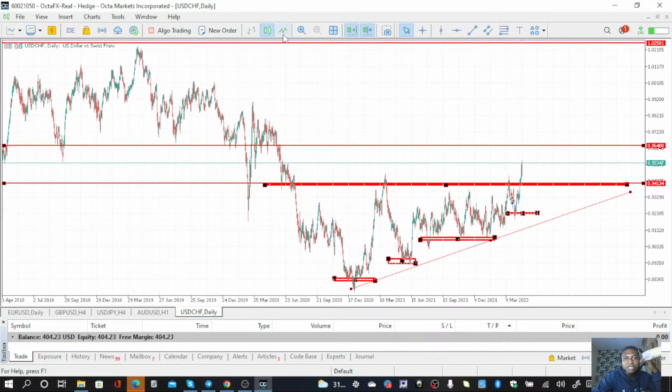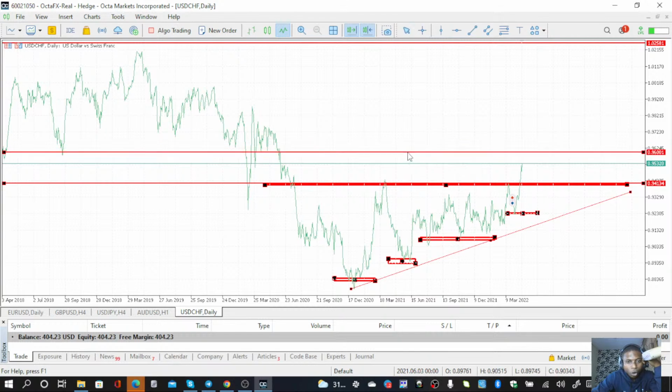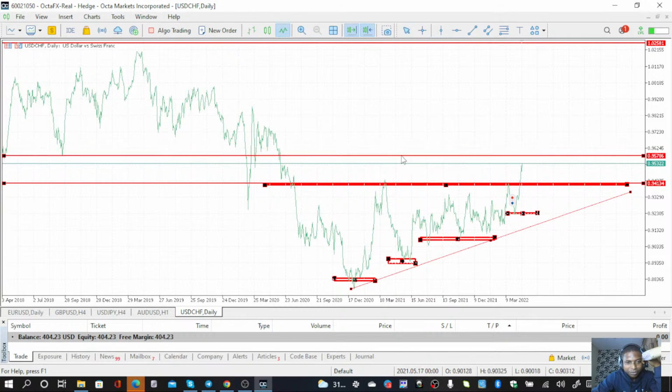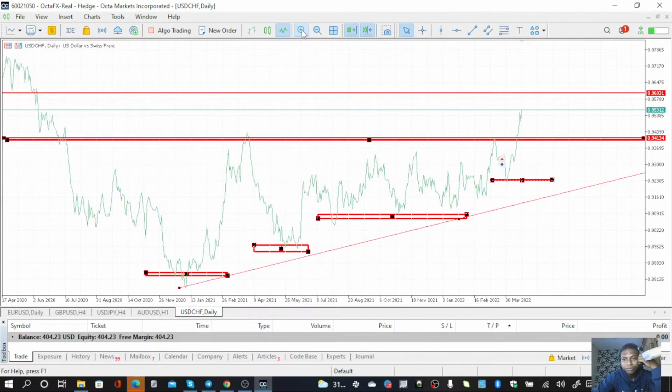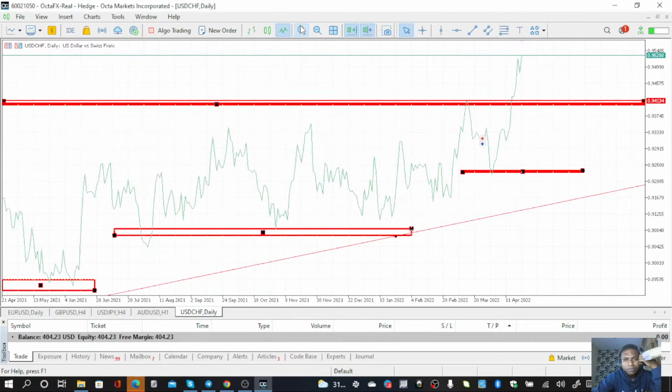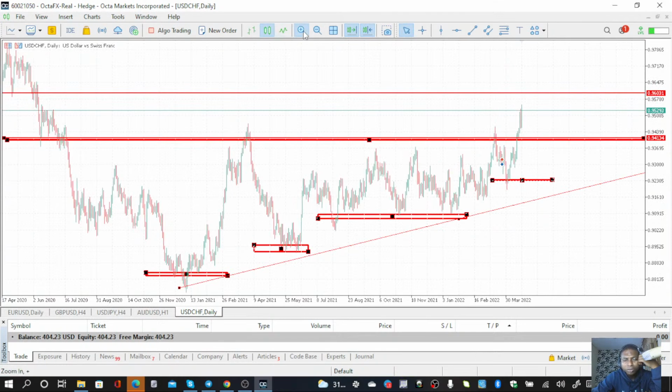I go to the line chart. With the line chart, I'm able to see the contours of the market, and this is the next resistance level. Now back to the candlestick.